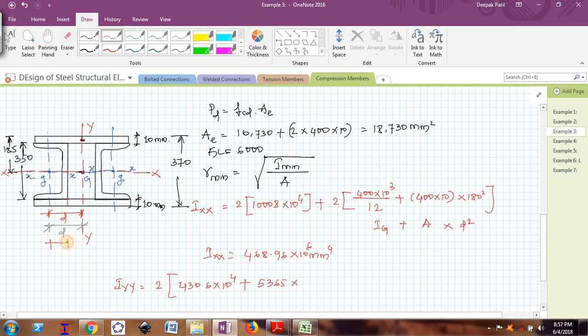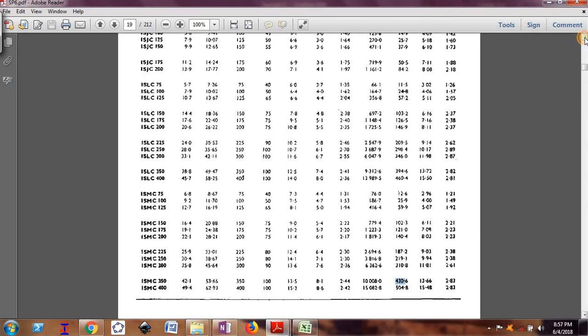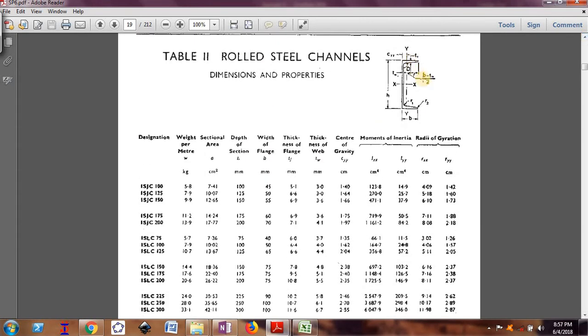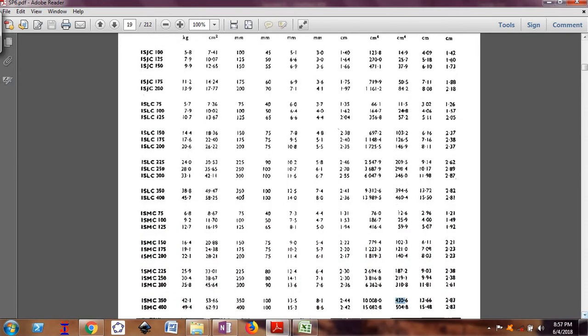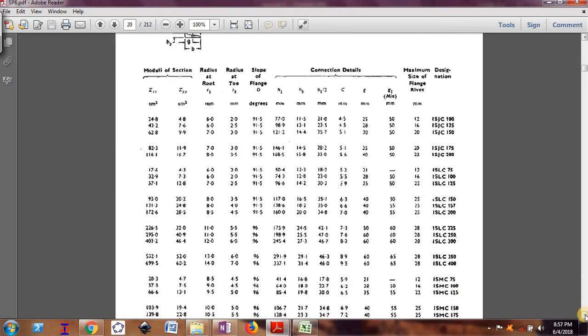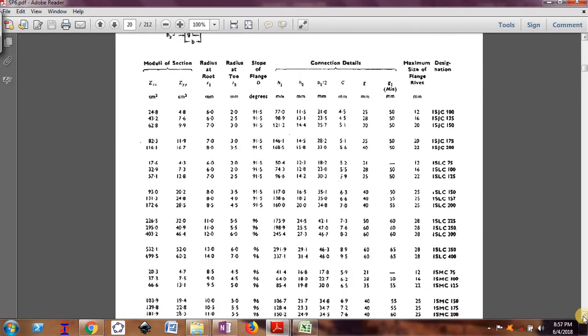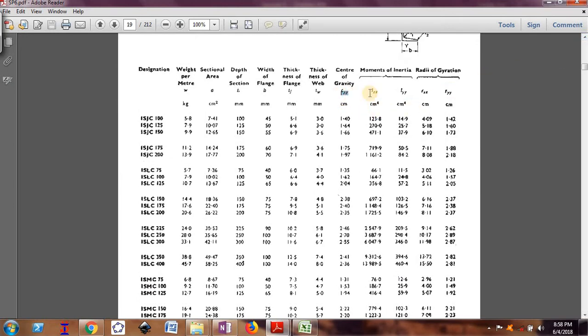This distance is given in the steel table, where the given term is CYY.